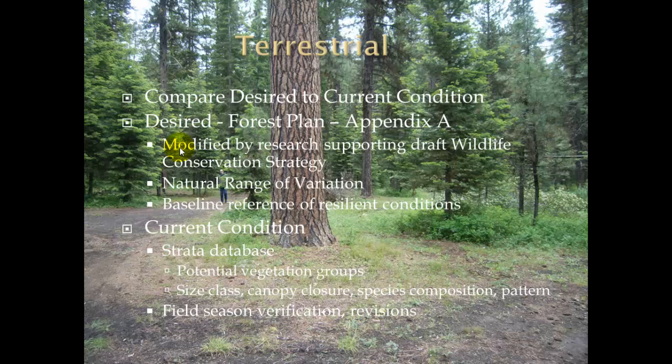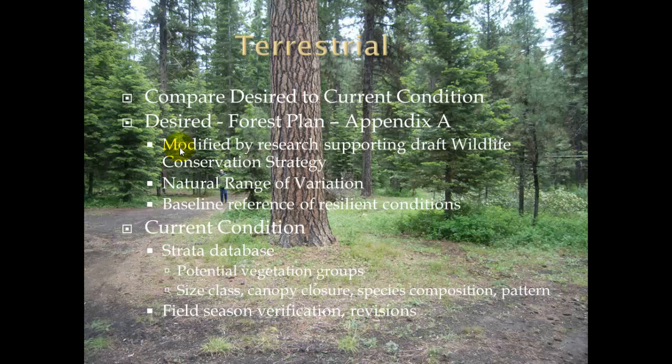So the approach that the committee has implemented is to compare the desired condition to the current condition. The desired comes from the Forest Plan, Appendix A, as modified by the Draft Wildlife Conservation Strategy. The desired condition relies on a study that quantified the natural range of variation by potential vegetation groups, and is really used as a baseline reference of resilient conditions.